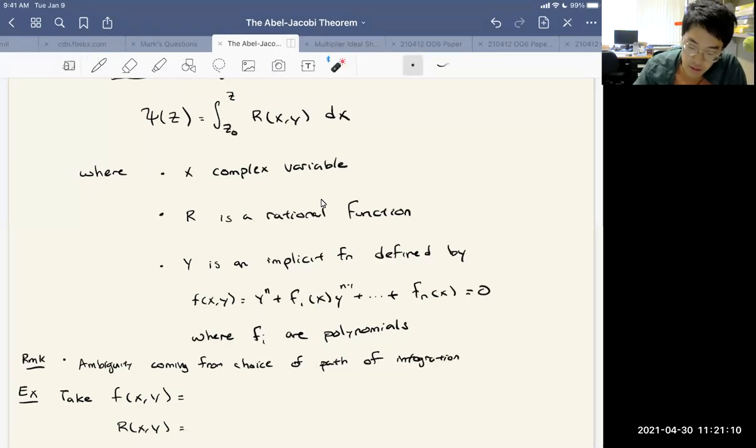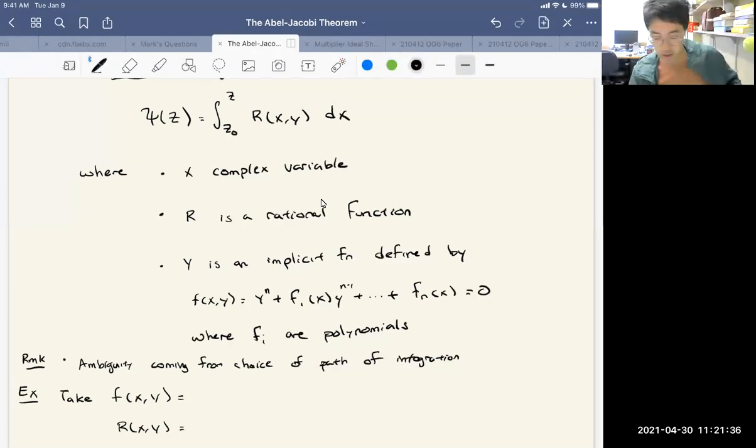So z0 and z we think of as complex numbers here. And if I'm doing such an integral, I need to pick a path from z0 to z. And this integral is kind of ambiguous up to a choice of path. So I don't want to talk too much about this right now, but we'll spend a little bit more time talking about this later. I just wanted to bring this to your attention.